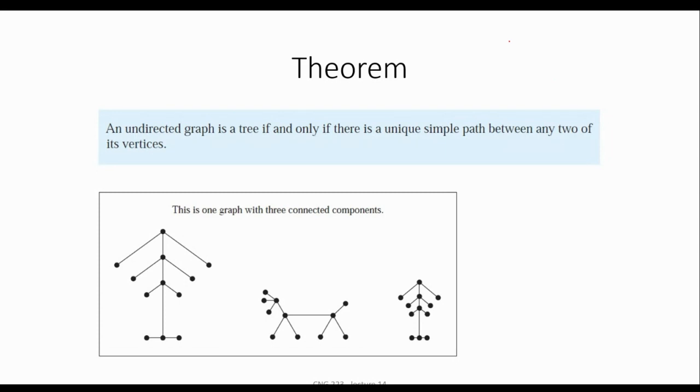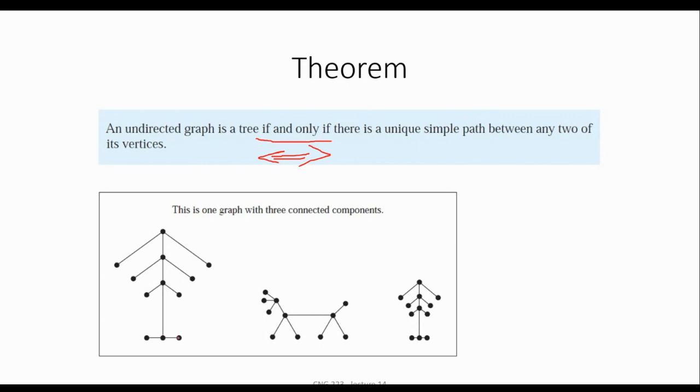Now look at this theorem. An undirected graph is a tree if and only if, which means that this is a biconditional case, there is a unique simple path between any two of its vertices. Also, this is a good way to check whether a graph is a tree or not. Or from now on, we could say even a simple undirected graph.